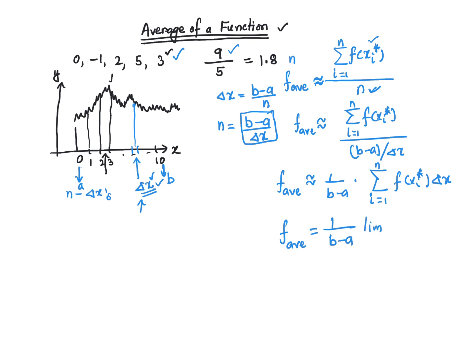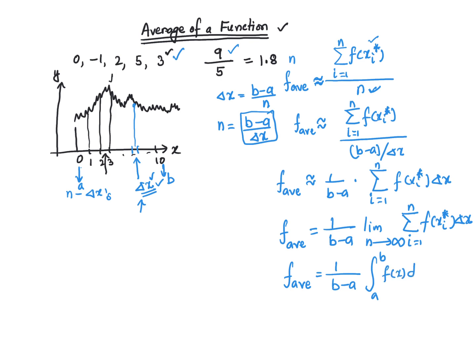So the limit as n approaches infinity of the summation from i equals 1 to n of f of x sub i star delta x is nothing but the integral. So f sub average is equal to 1 over (b minus a) times the integral from a to b of f of x dx. This, by the way, is the official definition of the average of a function over some interval.